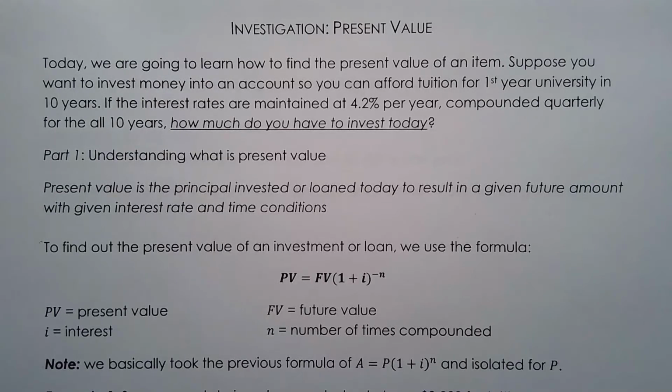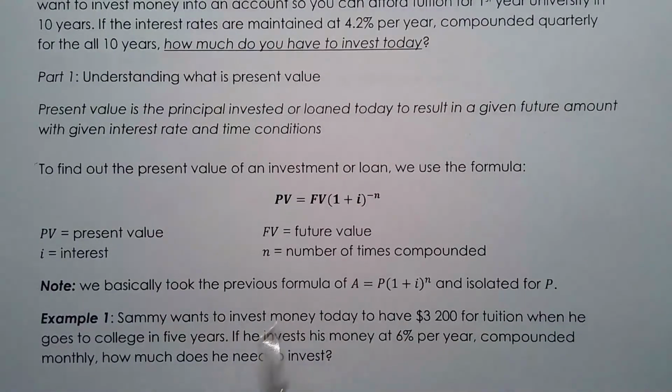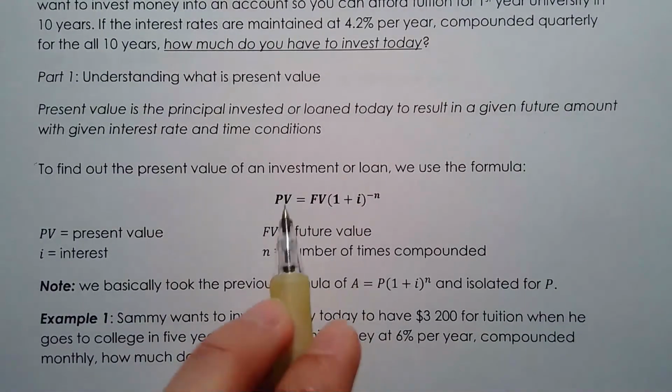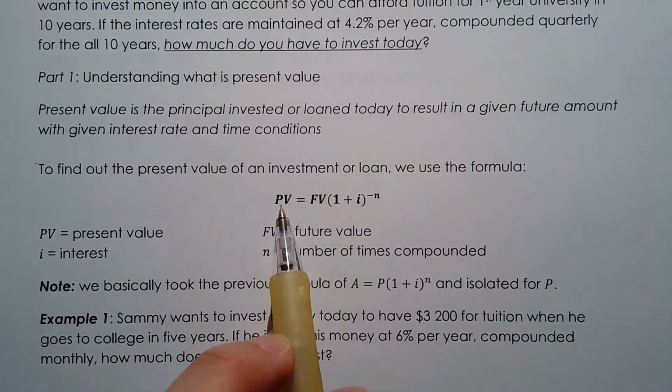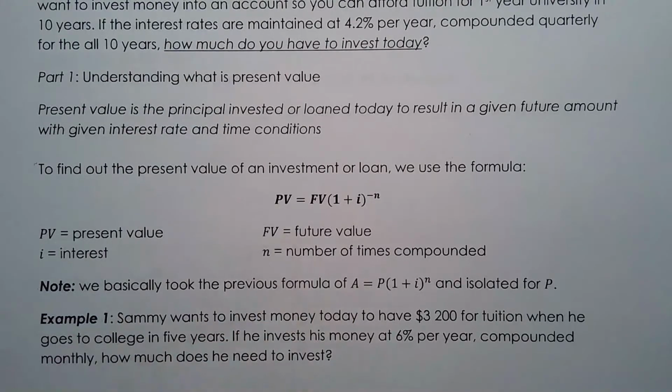Okay, so I know you see a new formula here, but this is actually a rearrangement of your previous formula. We made new variables here. So PV is for present value and FV is for future value.